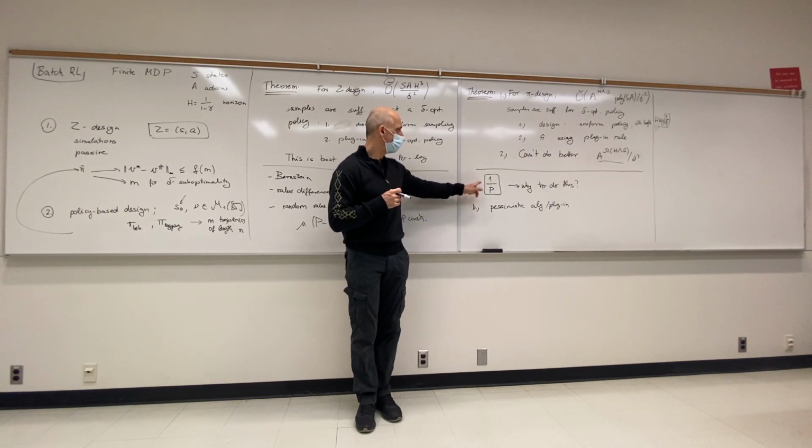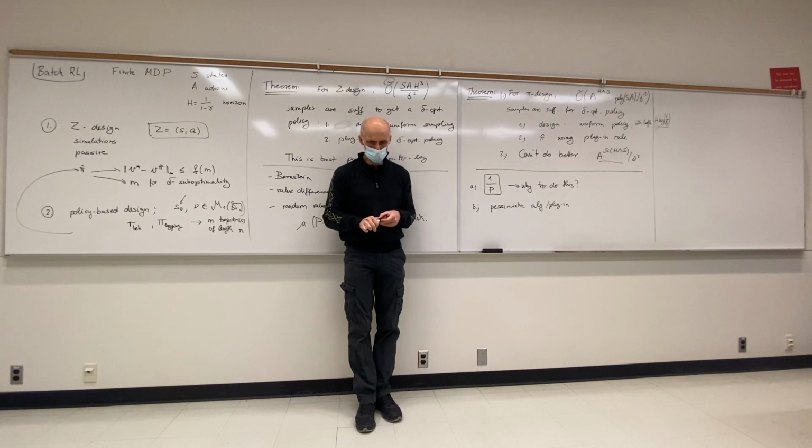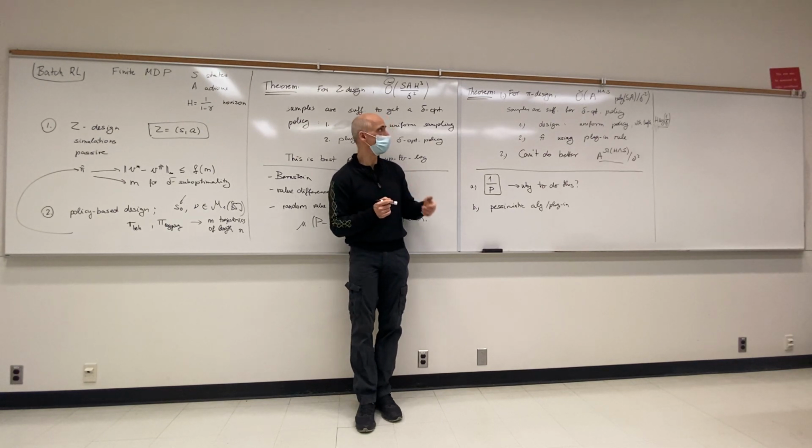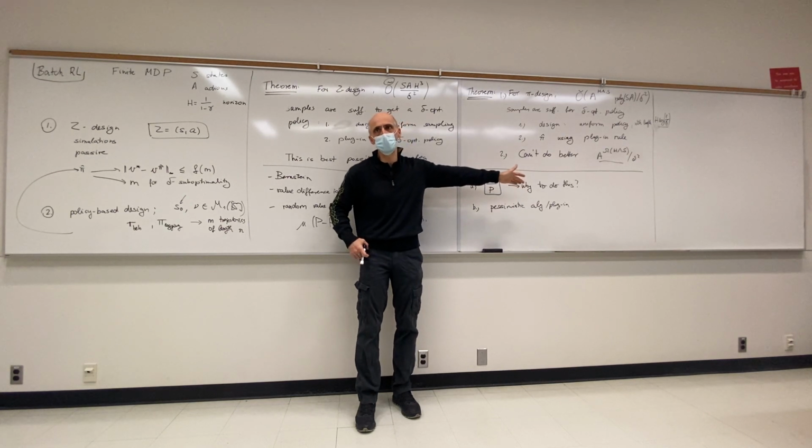Regarding the first, these papers introduce bounds where you see these inverse probabilities popping up. On one hand, this can be much worse than even this, because this probability can be really small.